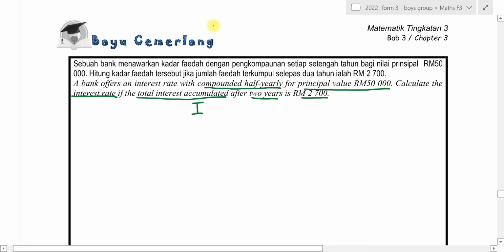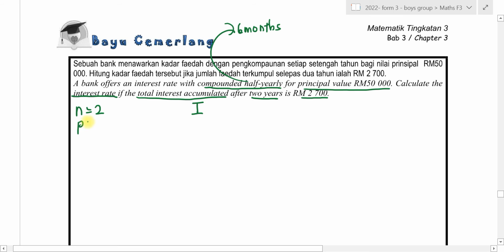Okay, let's break down this question. First thing, compounded half yearly. Half year means 6 months. So you compound every 6 months, which means you can have two 6 months in 1 year, so n equals 2.